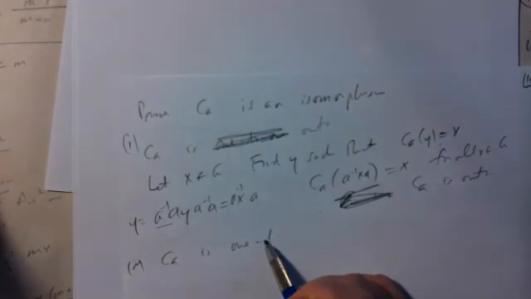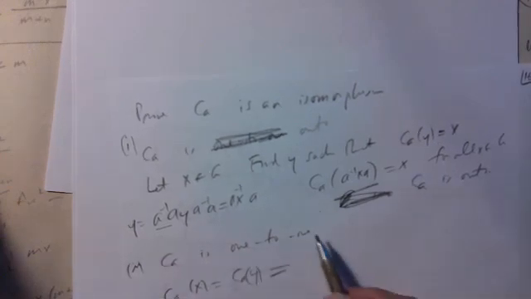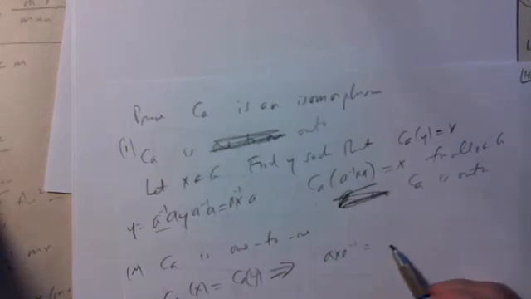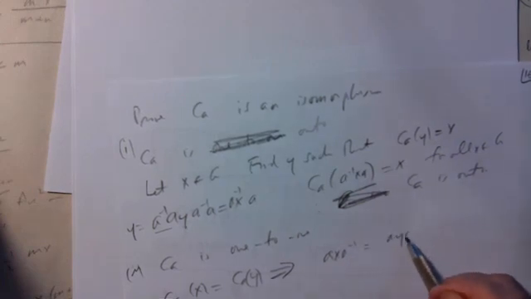And then we have to show that C sub A is 1-to-1. So if C sub A of x equals C sub A of y, that means AXA inverse equals AYA inverse.